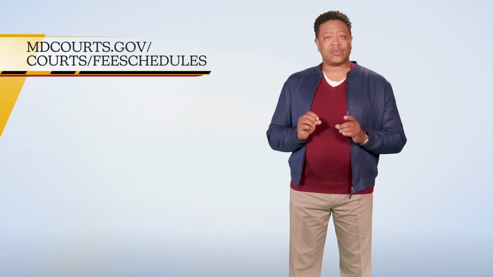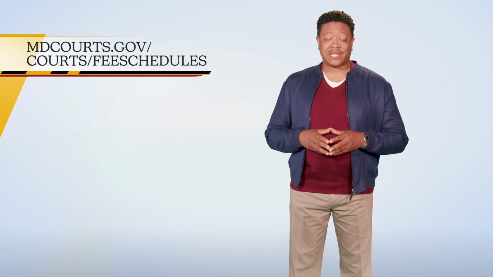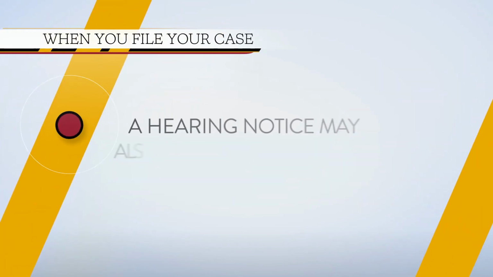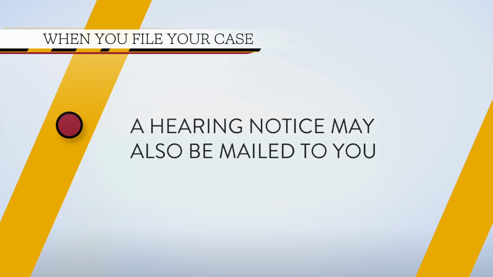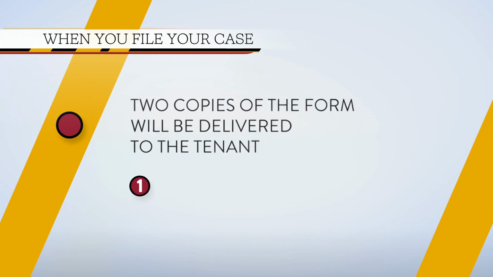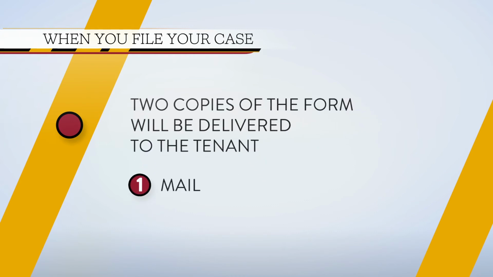Current fee information is available by calling the courthouse or at mdcourts.gov/courts/fee schedules. When you file your case, the clerk will tell you when to return to the court for trial. A hearing notice may also be mailed to you. Then 2 copies of the form will be delivered to the tenant. 1 will be sent by mail, and 1 will be posted on the property by a sheriff or constable.